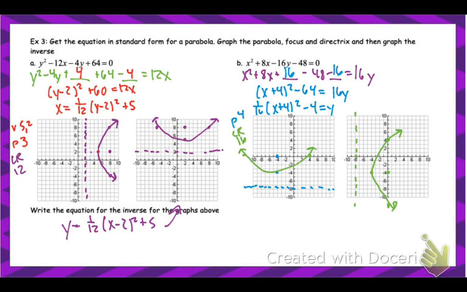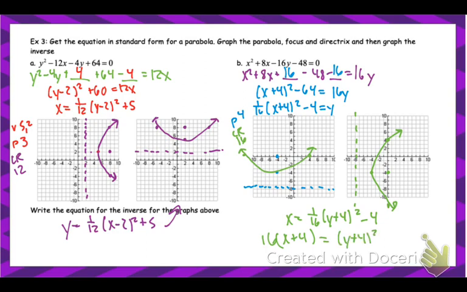For now, if I want to write this just in terms of the same way we've written them for conics, it would just be x equals 1 over 16 times y plus 4 squared minus 4. But again, that's not a function. So in order for it to actually be a function, we would have to restrict the domain of the original. Algebraically, the reason for that, let's say I just add 4 and multiply by 16.